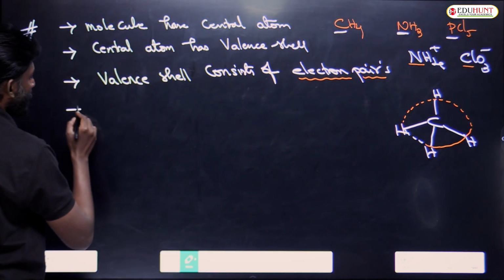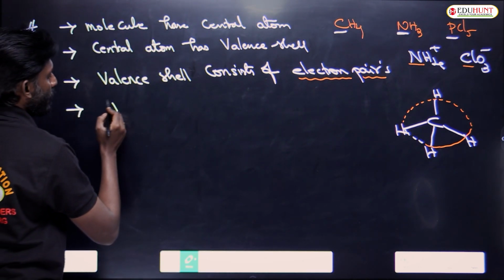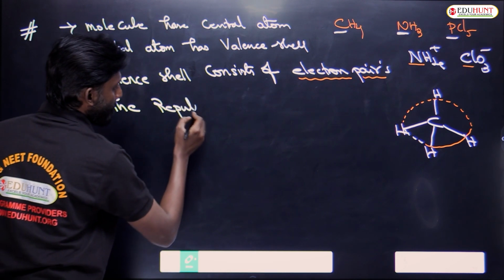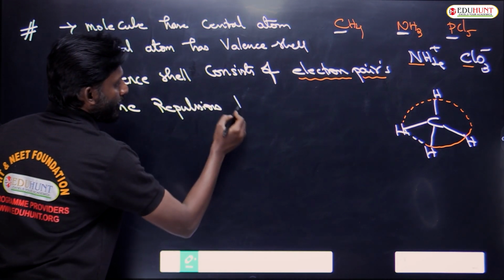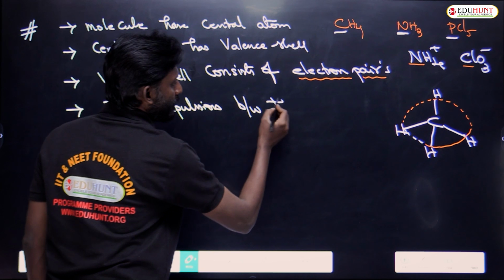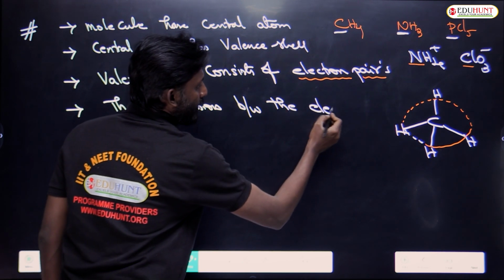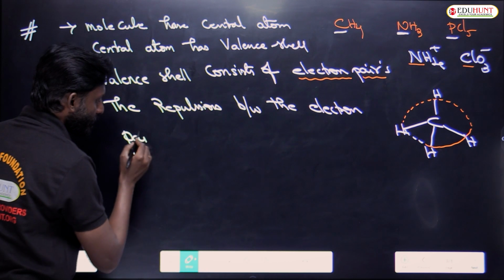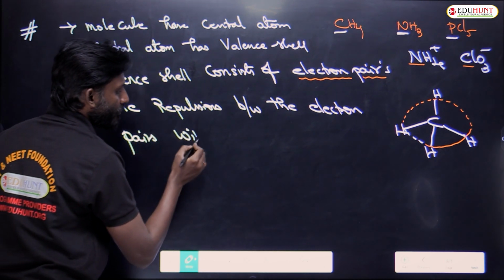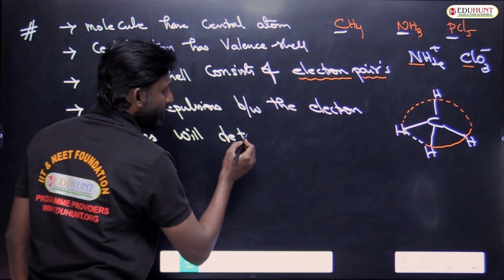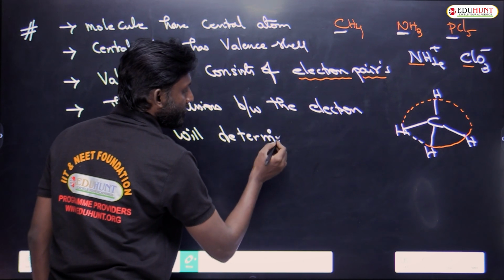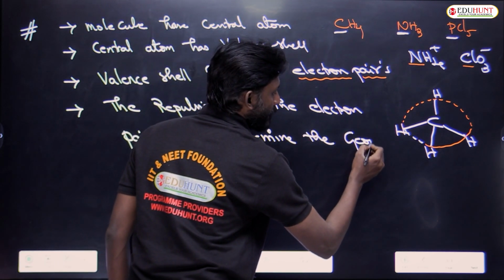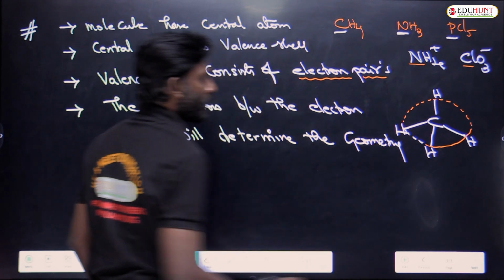and the repulsions between the electron pairs will determine the geometry, or shape, you can say.